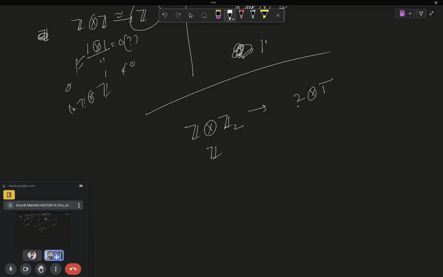I mean, one bar means in Z2 we have one bar, right? That one bar. Okay.